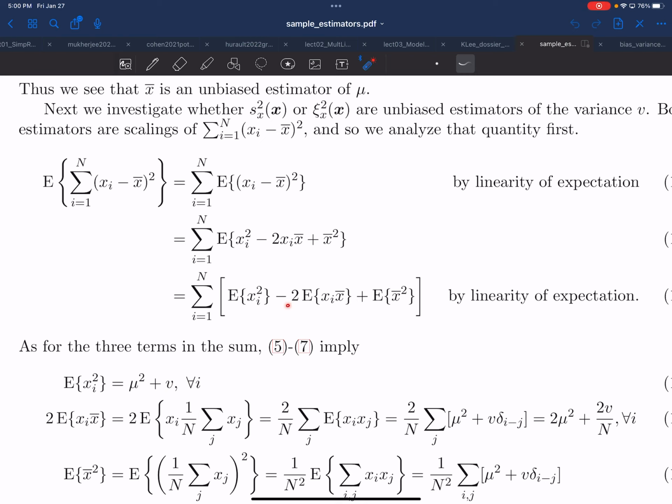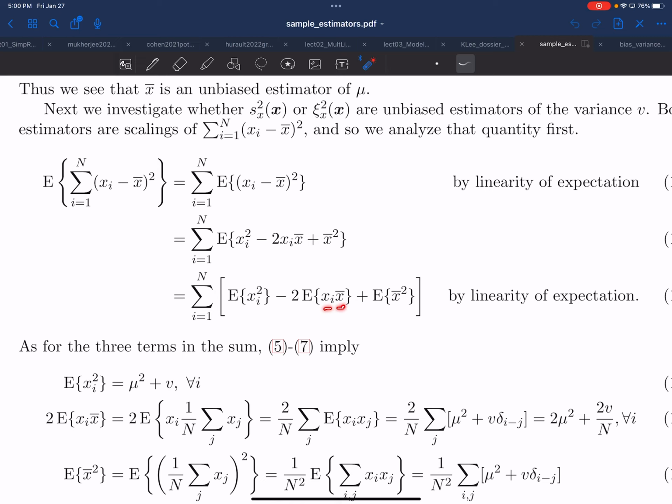Okay, what about the second term? Can we split this into a product of two expectations? Why or why not? What are we looking for when we're trying to figure out if this is the product of the two expectations? We want to know whether they're independent or not, right? So what do you think? Is xi going to be independent of the sample mean?